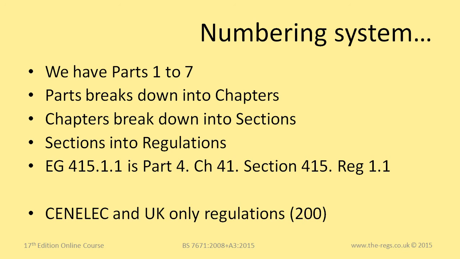You can look it up in the list of abbreviations within definitions. And then you also have, which is probably newer to this book, UK only regulations, and they will end in a 200. So you'll have, for example, 415.1.200. I mean, it doesn't exist actually, that regulation, just made that one up off the fly. So that's the numbering system.